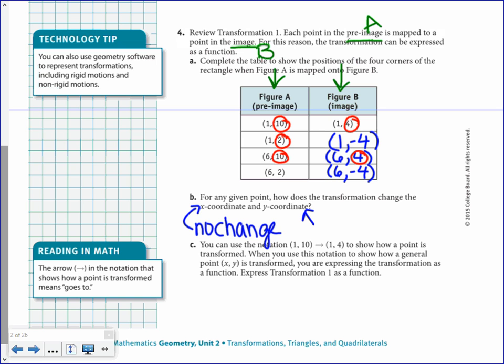And then these are 10 to -4, 2 to -4, and 2 to -4. It went down by 6. You could also word that as subtracting 6. It decreased by 6.